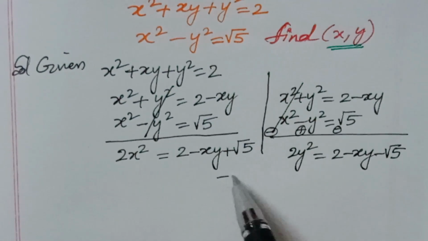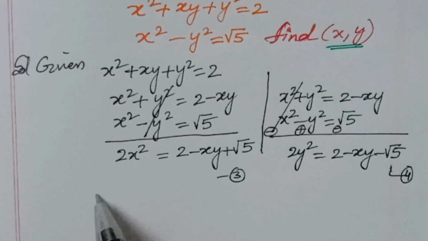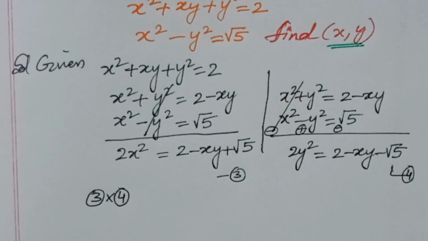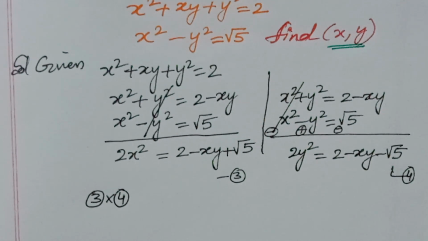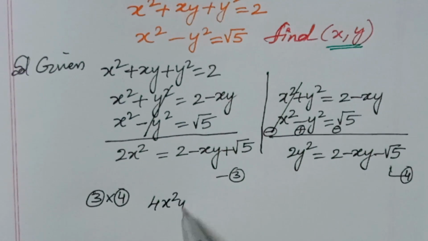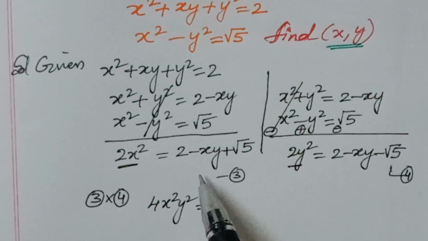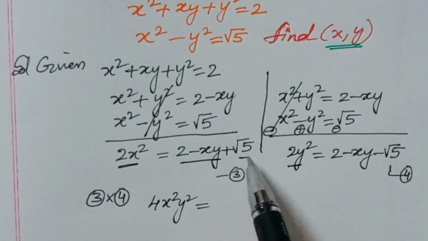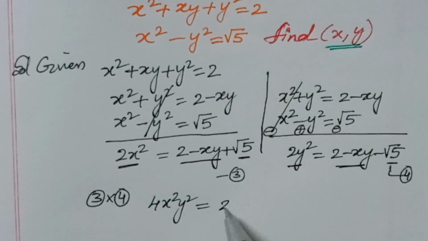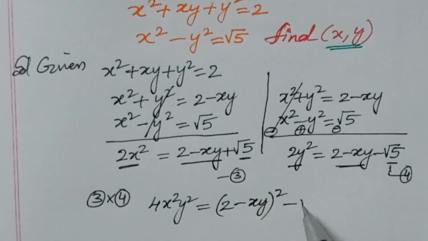Now let it be 3, let it be 4. Now we are multiplying 3 and 4. Our target is to find the xy value. So if you multiply these two, 2x square into 2y square, we get 4x square y square, is equal to (a plus b) into (a minus b), where a is 2 minus xy and b is root 5.